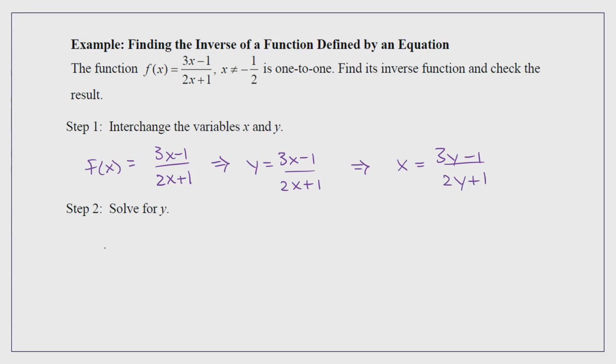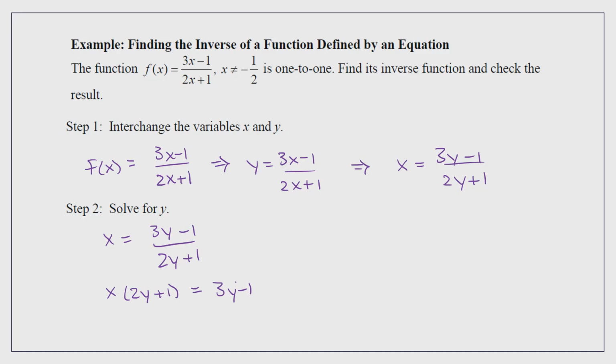Now for step 2, I'm asked to solve for y. So I'll start with my implicit equation, x equals 3y minus 1 divided by 2y plus 1. So to get y by itself, I'm going to multiply both sides by 2y plus 1 in order to get that binomial out of the denominator.